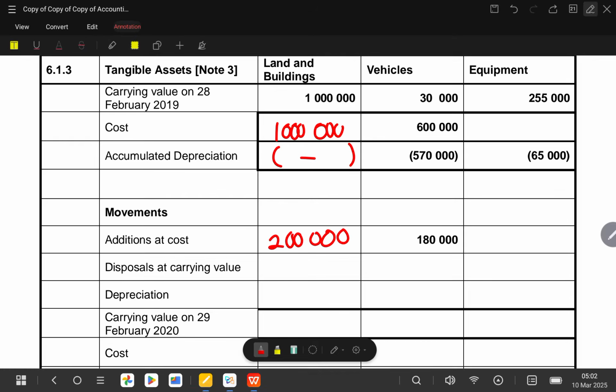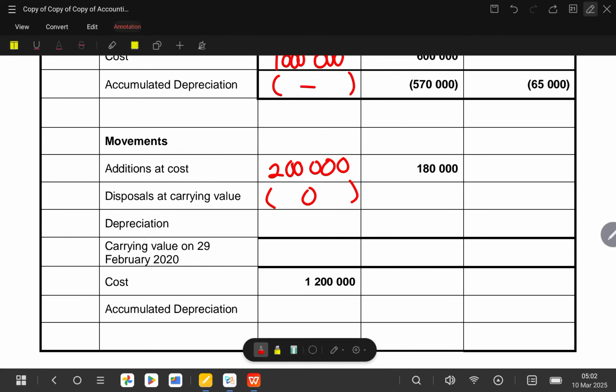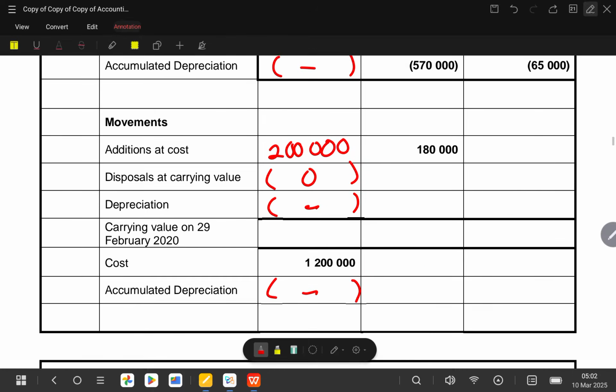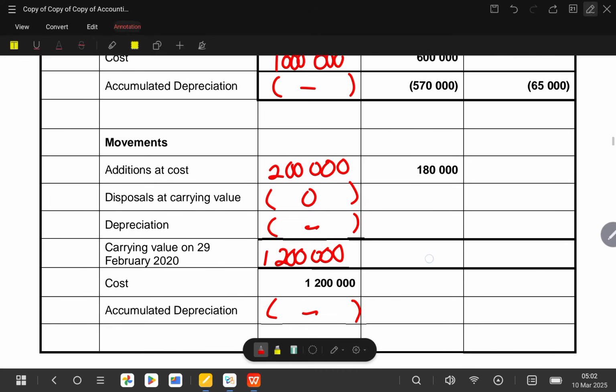Under disposals we would have nothing, because we did not sell anything. Under depreciation, it will be attached, because land and buildings in our curriculum don't depreciate. At the end of the year, the accumulated depreciation will be nothing, which means that our carrying value will still be 1,200,000. So this part, we are done with it.